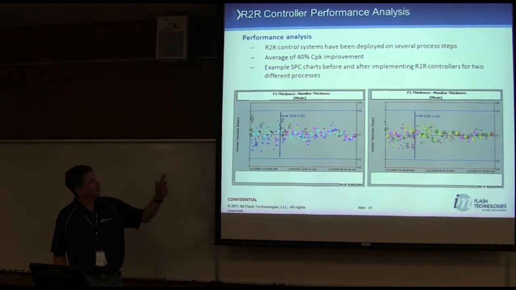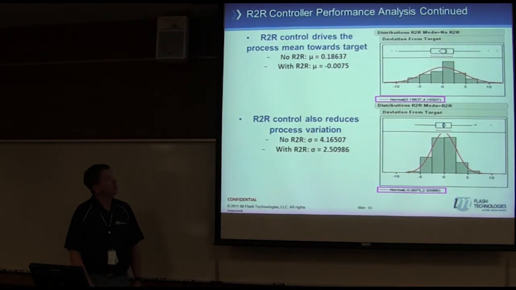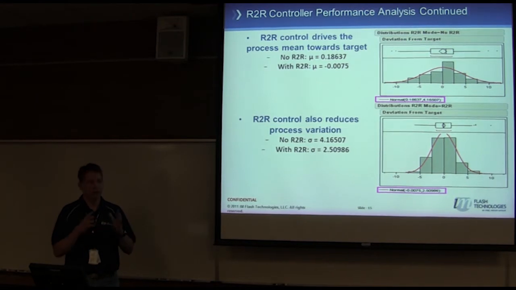In this case, we just talked about Cpk, process capability, and we hope to improve that by significant amounts. So again, it's another look at it. You can see the variation here in the width of this bell curve, and as the controller is introduced, you see a much tighter bell curve, which means you can anticipate the product I'm going to get off my tool.